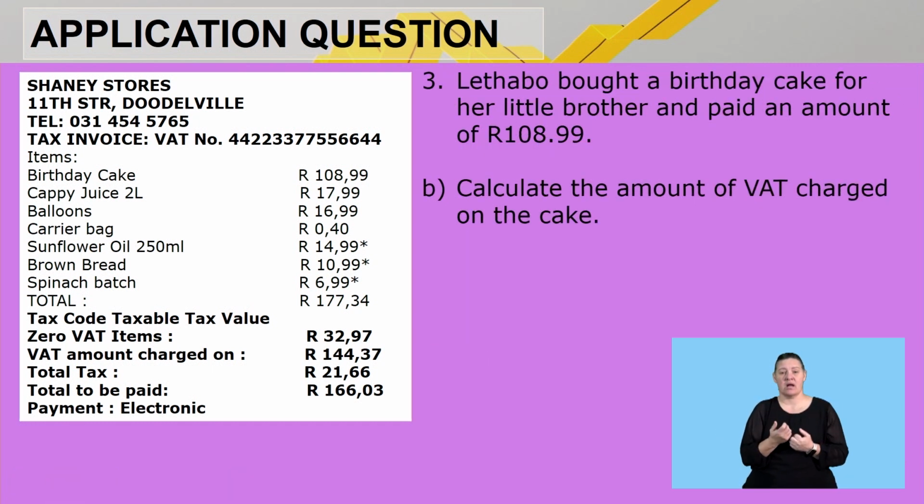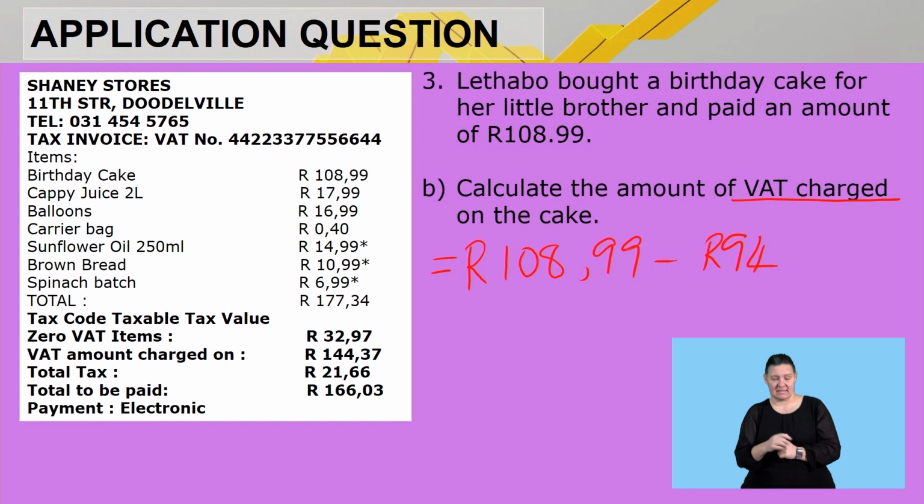Calculate the amount of VAT charged on the cake. So we can take our VAT inclusive amount and subtract our VAT exclusive amount. So 108.99 minus 94.77.